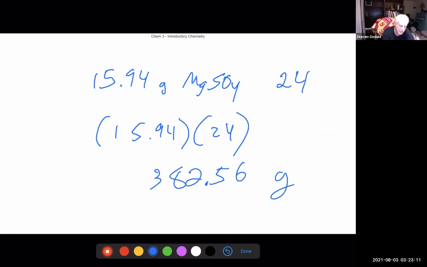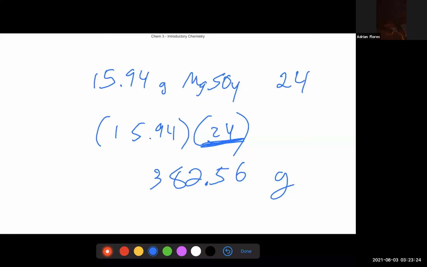Now, this number, 24, does not count to determine significant figures, because it's just a counting number. It's 24.0000 as far as you want to go. It's an exact number. You're not going to cut a student in half.